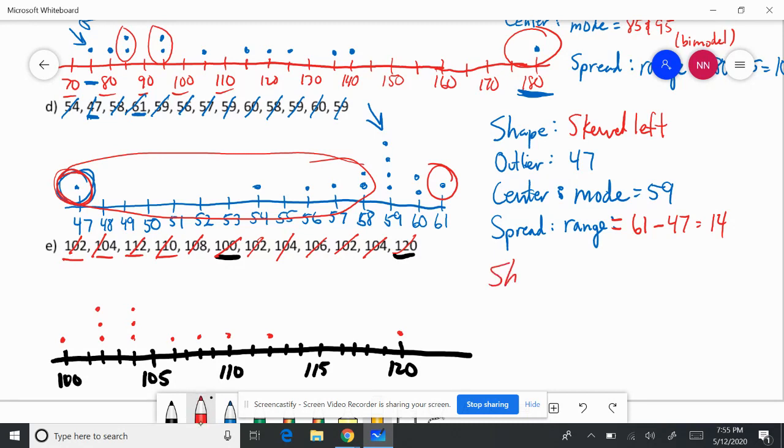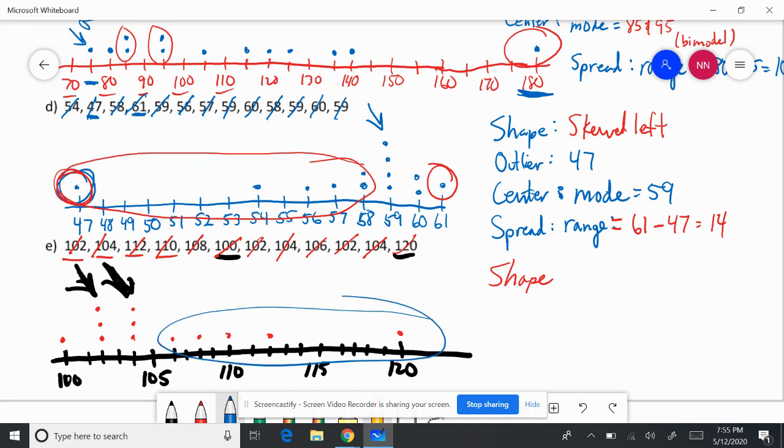We're going to start off with our shape. With our shape, notice that we have our peaks at this side. So the skewness is where it's spread out, and we see that the data is spread out more on the right-hand side. The shape is going to be skewed right.